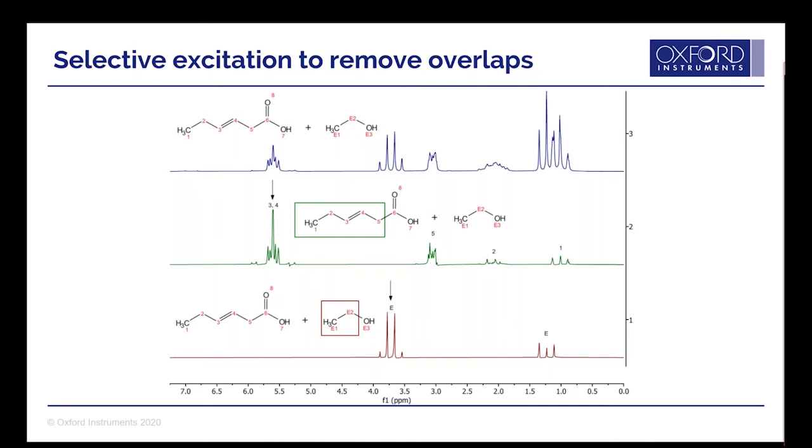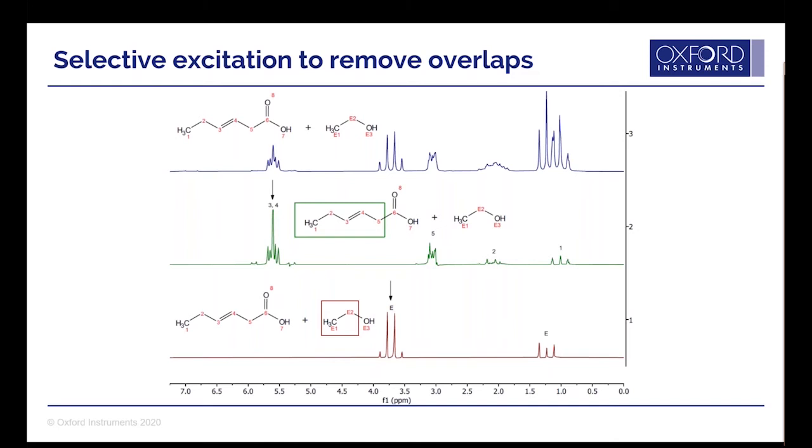So if we selectively excite the region associated with carbons 3 and 4 on the hexanoic acid, using a 1D selective TOCSY pulse sequence, we can excite just the spectra associated with the hexanoic acid.